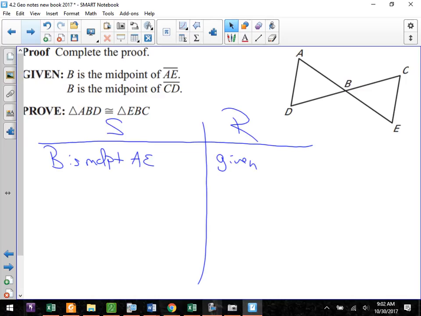What I always do is go to the diagram and see what I can do knowing that I have a midpoint. Well, a midpoint creates two congruent segments. If it's on AE, what are the two segments that are made? AB and BE. Which means I write that down: AB congruent to BE.